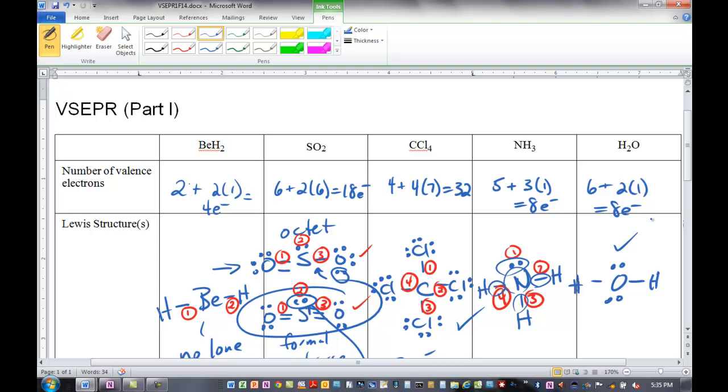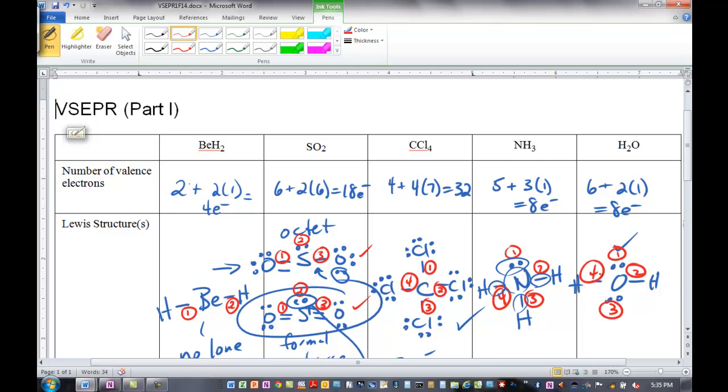We're done. Now, I would like to point out here that the way I drew this, and again, the Lewis structure doesn't matter how you arrange them. We just want to find out where the electrons are at this point. I drew water as linear. But is it linear? Well, let's find out. 1, 2, 3, 4.